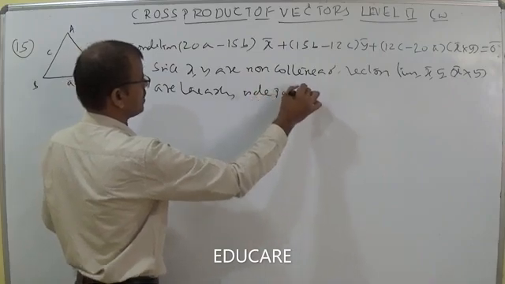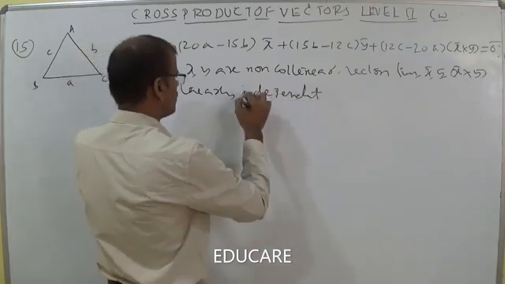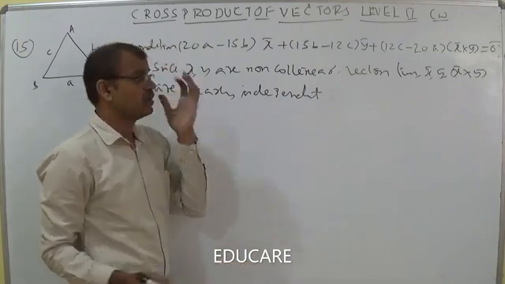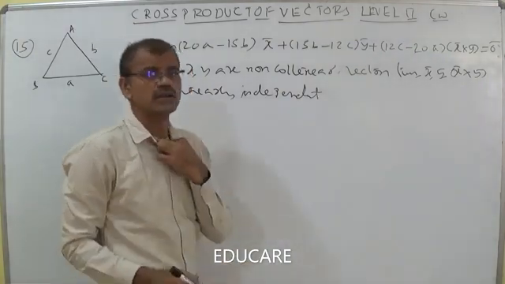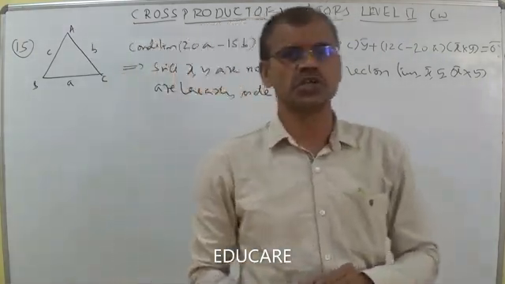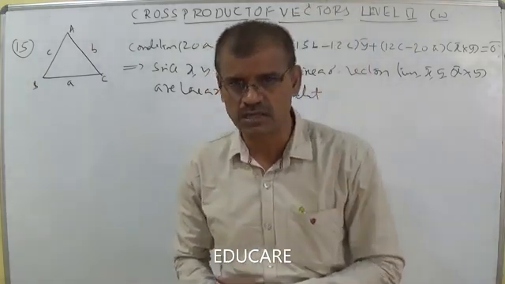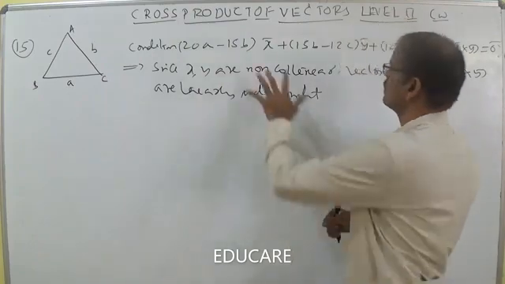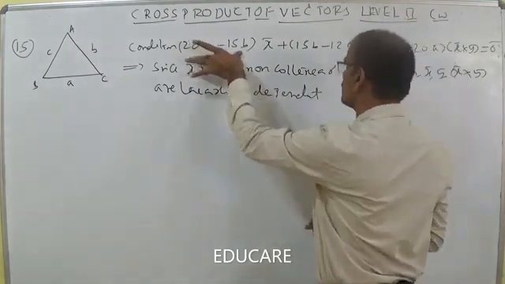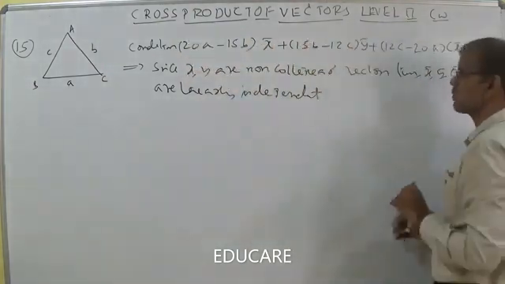So in the linear combination, I have written linearly independent. Whenever vectors are linearly independent, the total linear combination is 0 and each scalar coefficient is separately zero.